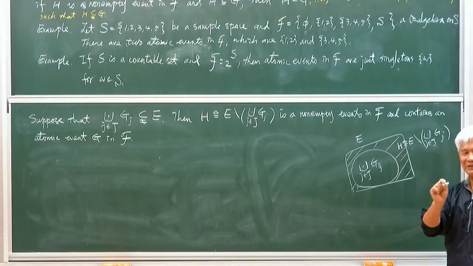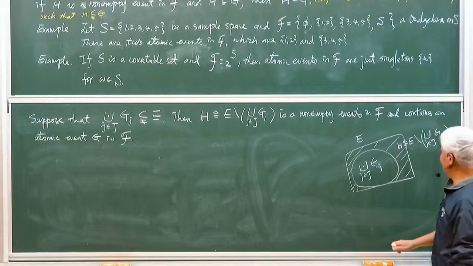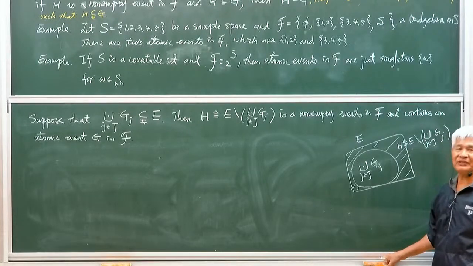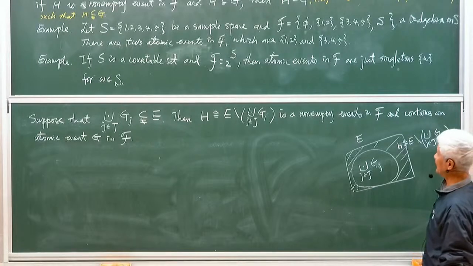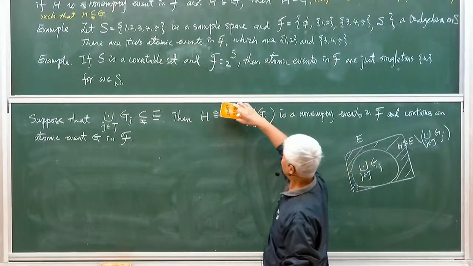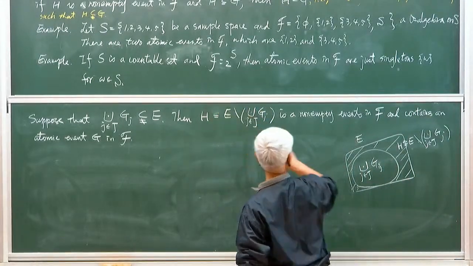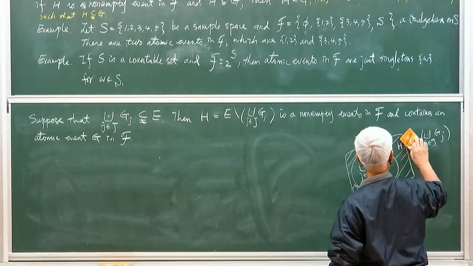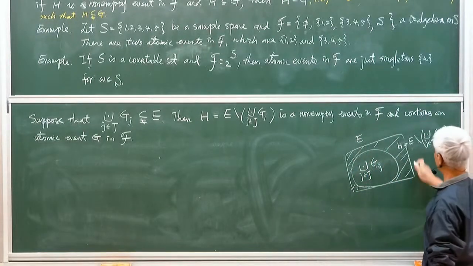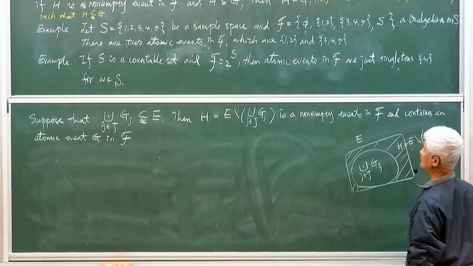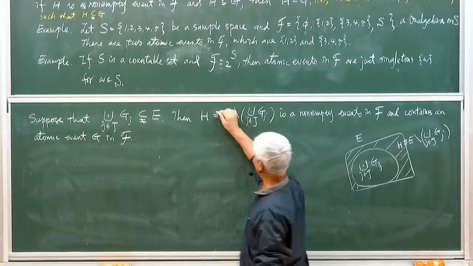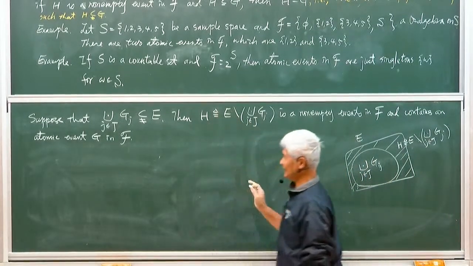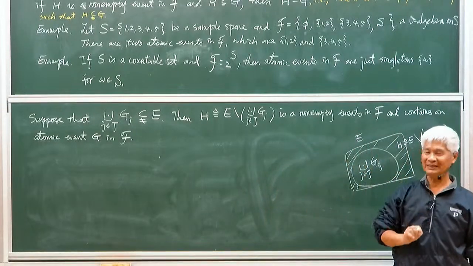It's just equal: H is defined to be the set difference. Some authors like to eliminate the symbol, but sometimes I like to put it here to show that I define the symbol.